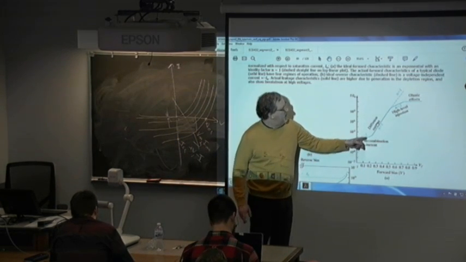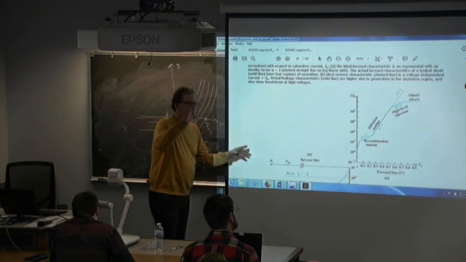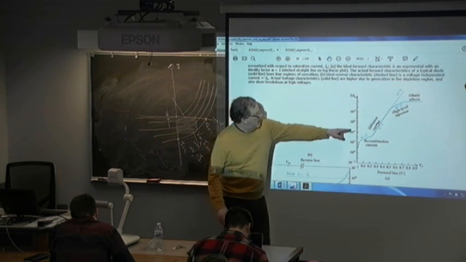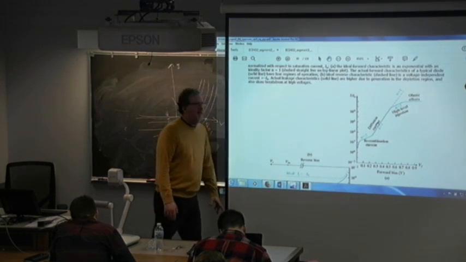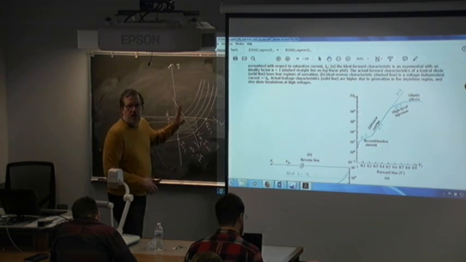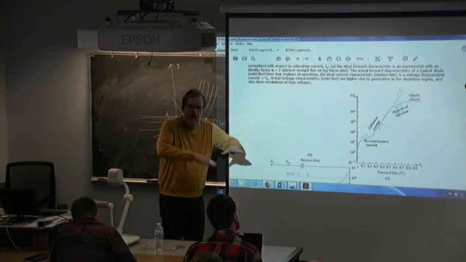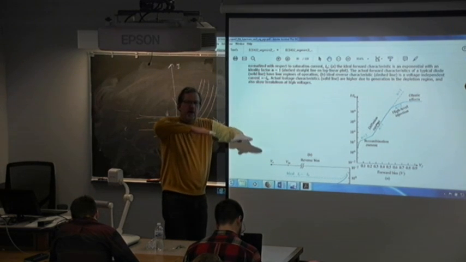So this is because the forward bias diffusion current has not kicked in. So this is kind of acting still like a reverse bias diode, but the diffusion has not revealed itself over the potential energy barrier.